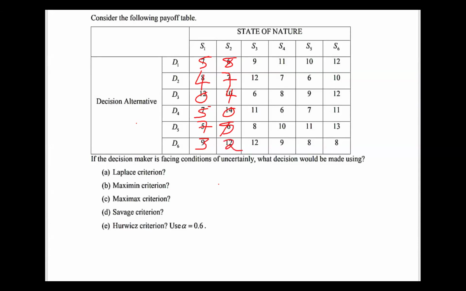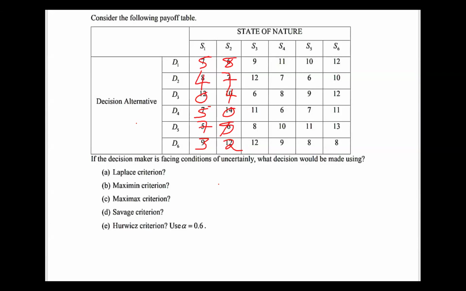When we get to, which one is this now? State of nature number 3. What's the highest score? The highest score is 8. So we shall say, is it the highest score, not the lowest score, on state of nature number 3?